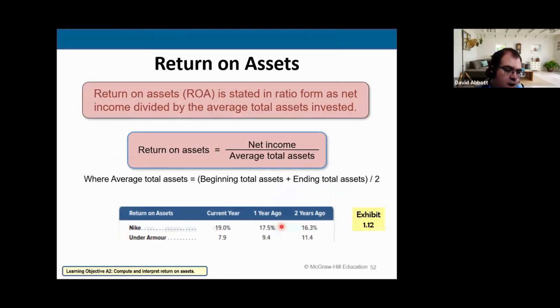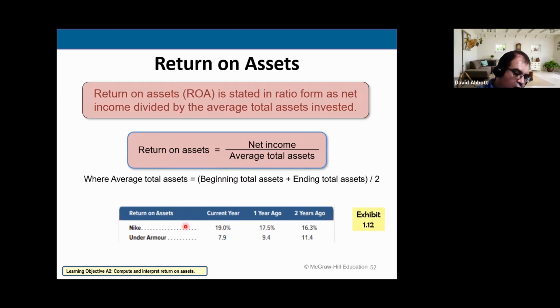So return on assets, or ROA. So that is stated in ratio form as net income divided by the average total assets invested. So return on assets is the net income divided by the average total assets. And so where average total assets is the beginning total assets plus the ending assets divided by 2.